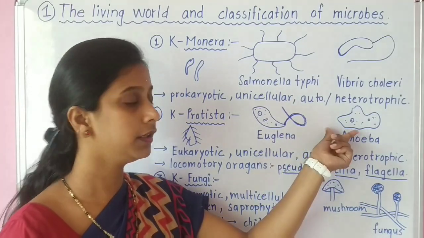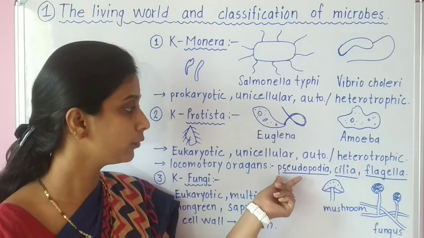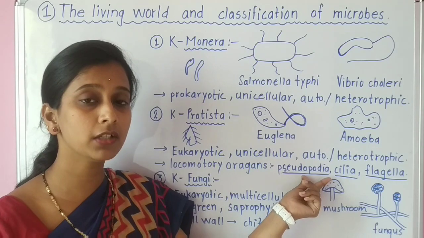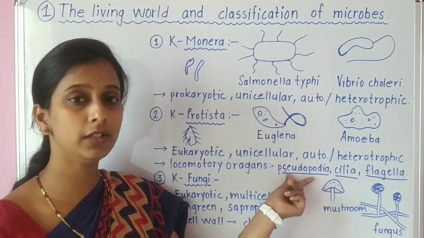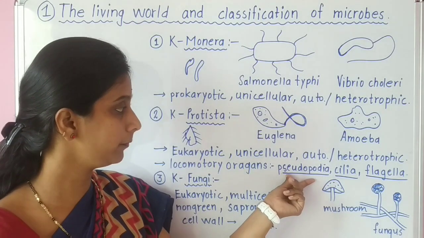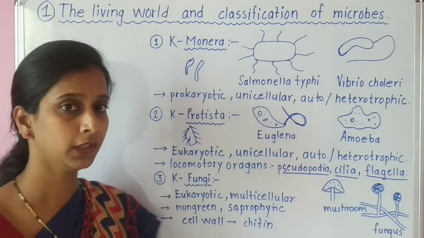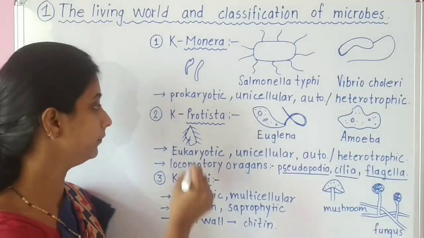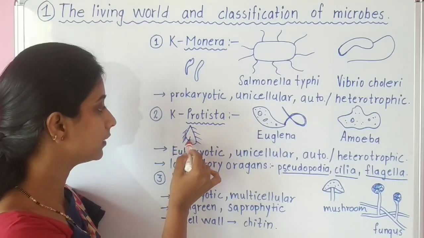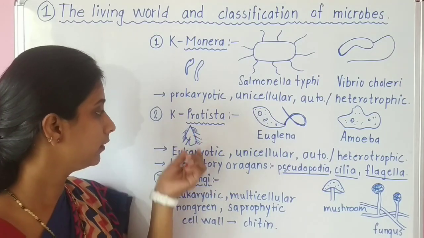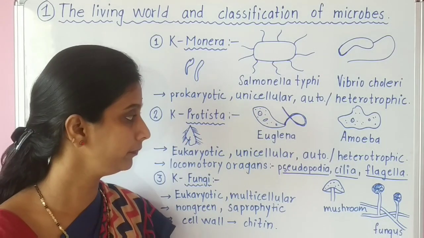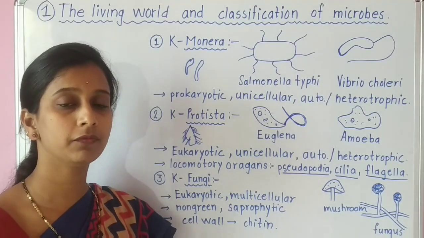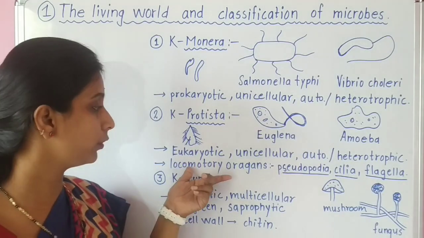Pseudopodia is present in amoeba for movement. Pseudo means false and podia means legs. They have false legs for locomotion. Again, cilia. If we see the paramecium, which has a structure like this, the cilia are present around it, and these cilia are used in the paramecium for movement, for locomotion. So this is an important feature.